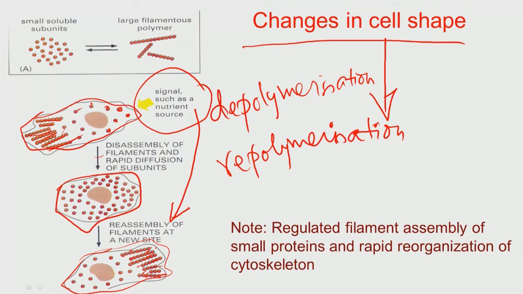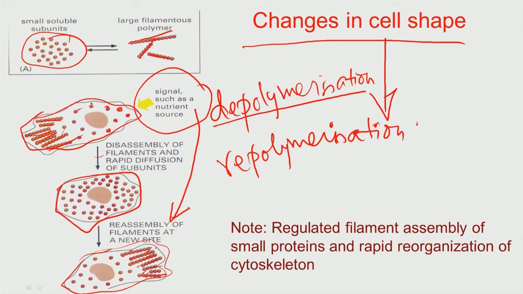So, let me reiterate my points once more. The process of depolymerization helps actin filaments to get broken down to smaller soluble subunits, like monomeric units.